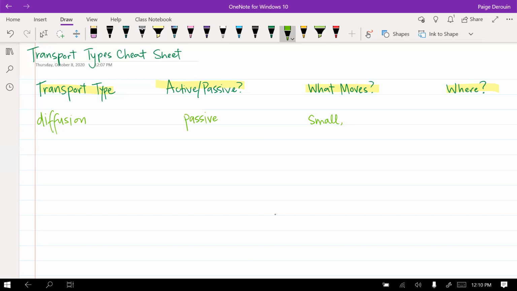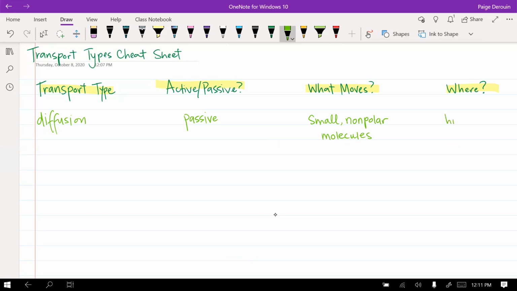So say small, non-polar molecules. And those are the only things that are going to be able to pass. And then where are they going? From high concentration to low or from low concentration to high? High to low. Good.